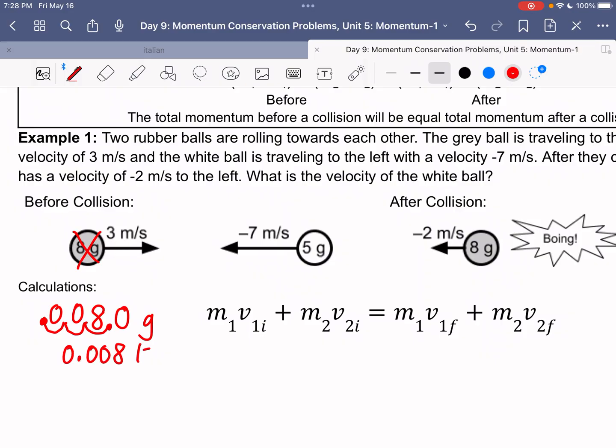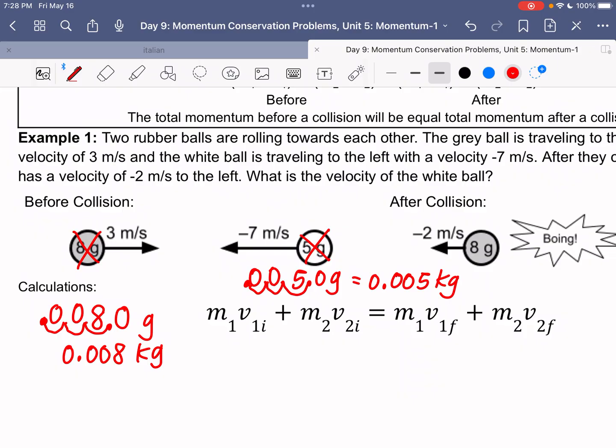0.008 kilograms. Okay, so the same thing with the 5.0 grams, we move it 1, 2, 3 times to get 0.005 kilograms, because there are 1,000 grams in a kilogram. Let me ask Siri.